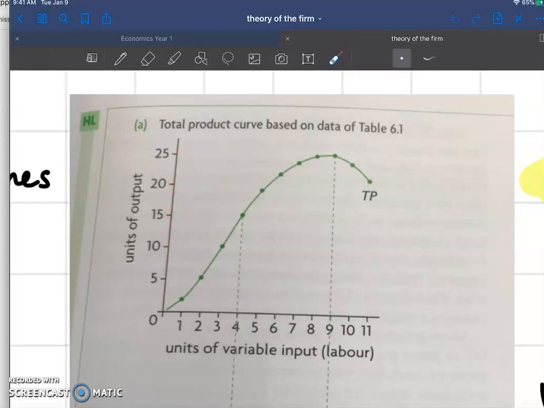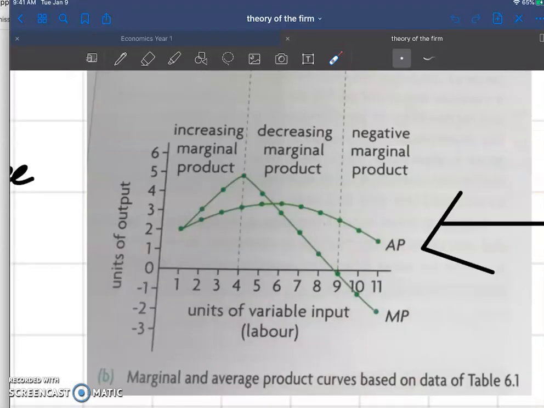The reason for this is actually derived from our marginal product curve. We have to understand that in between, when we're adding each worker, how much additional benefit are they bringing to the firm? So this new diagram we see here reflects the marginal product curve as well as the average product curve. Notice that for both of these curves, we have an initial rise followed by a fall.